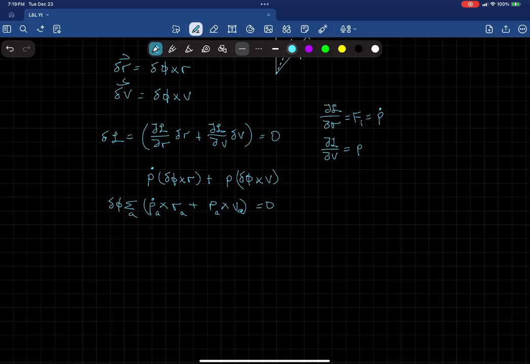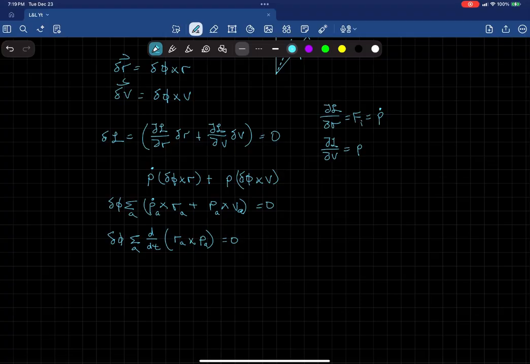So we also have d/dt of r_a cross p_a, all being summed over a, and our del phi is still remaining on the outside.